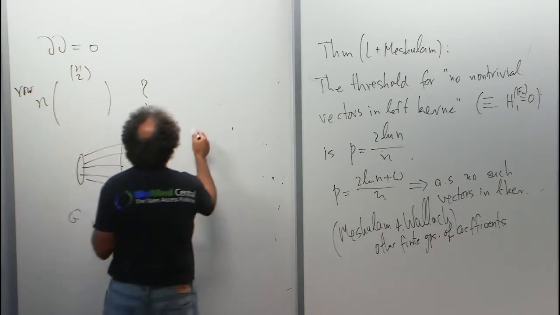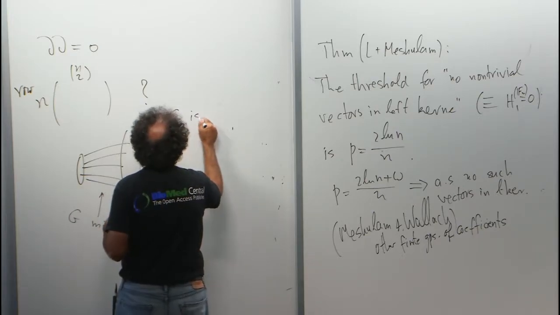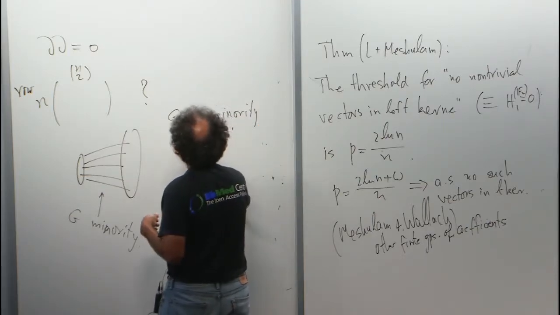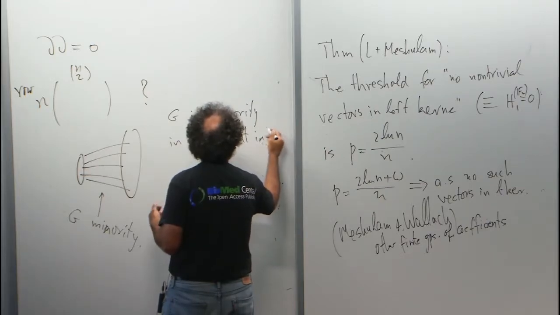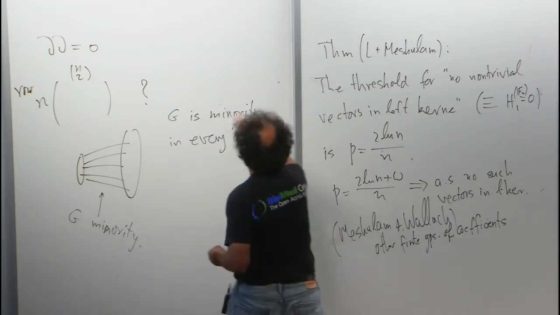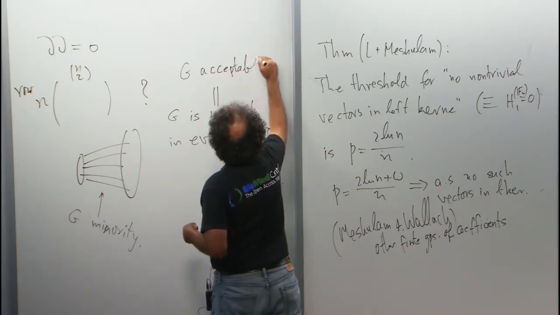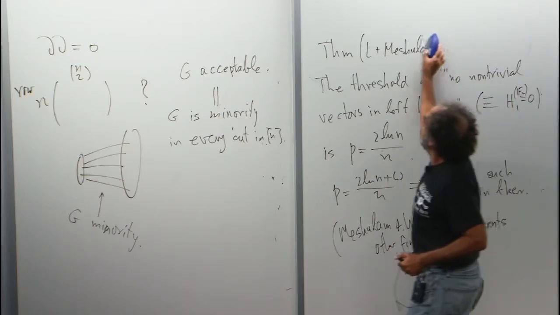So I can guarantee, and that uniquely determines this canonical member, that G is a minority in every cut, in 1 to n. That I can guarantee. And such a G is considered acceptable. And then you get this, then this is the lemma that you prove. I will only tell you one more little thing about a key step in there.